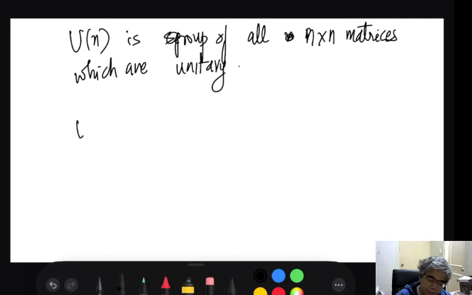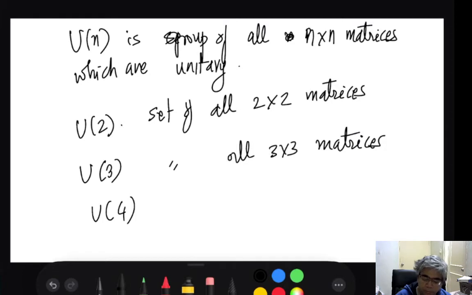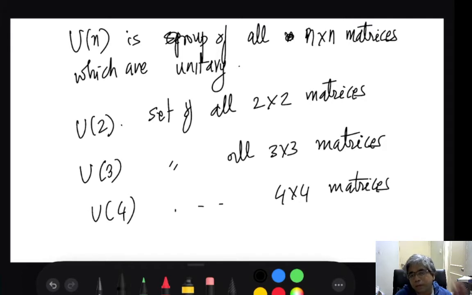For example, U2 would be the set of all 2 by 2 matrices, U3 similarly the set of all 3 by 3 matrices, U4 the set of all 4 by 4 matrices. So what we said was that a matrix would be a representation of an abstract group, but in this case we are using a representation itself to define a group.